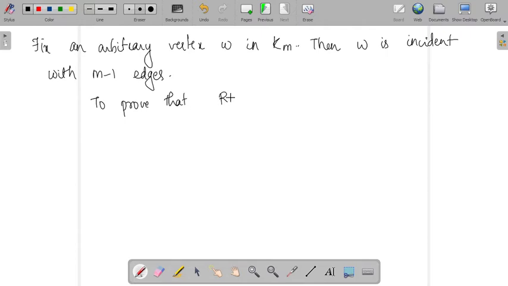so we need to prove that R of P, Q is less than or equal to m, where m is R of P minus 1, Q plus R of P, Q minus 1, minus 1.